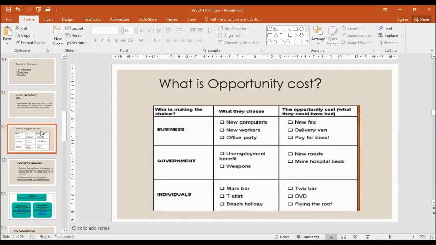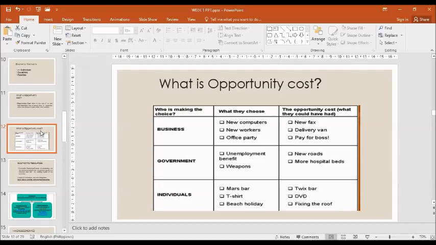Okay, so an example of opportunity cost. Who is making the choice? For example, in business, they have different alternatives: either to purchase new computers, or to buy a new fax, or to employ new workers, or to purchase a delivery van, or to hire a manager or consultant, or to have an office party.